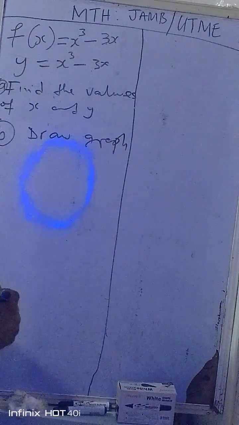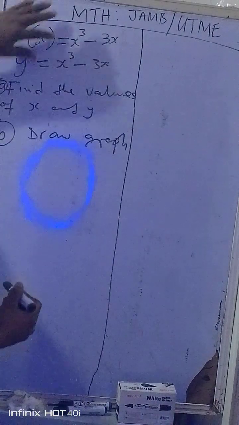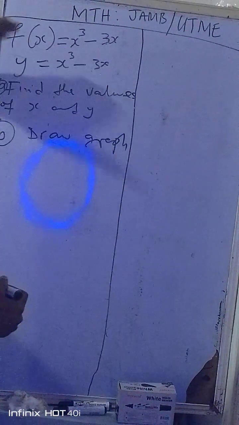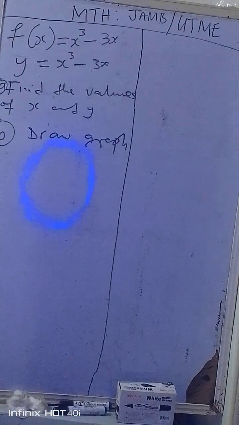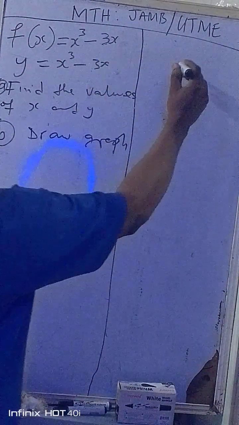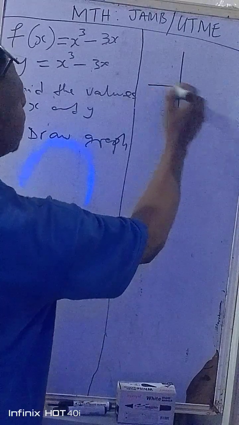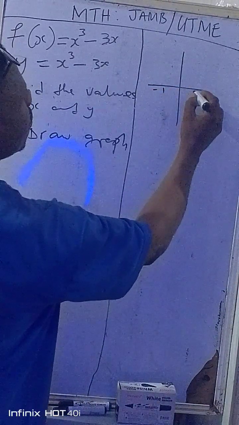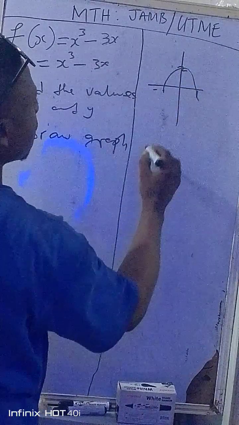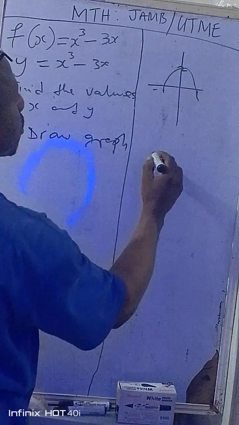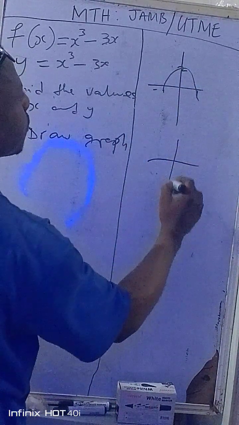So sometimes they can ask you which of the graphs represents f of x equal to x raised to power 3 minus 3x. So they can place a graph for you. They can place a different graph for you. They can have another one.